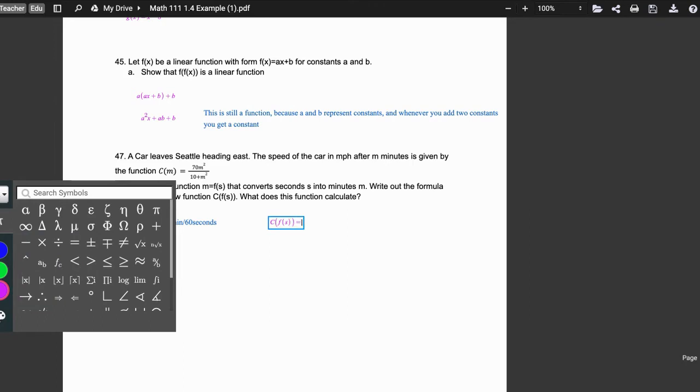And so that's equal to, I start out with my parent function, 70, and then up here also is parentheses squared over 10 plus parentheses squared. So in each of these m's, I'm going to replace it with my new function, f of s. And f of s, remember, we just said was s over 60.